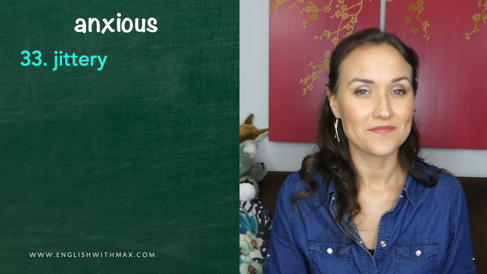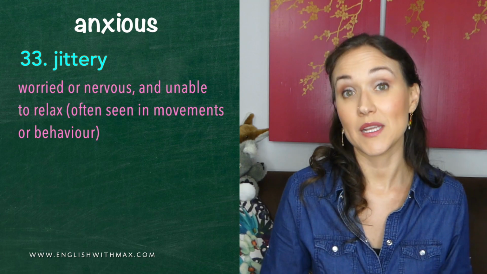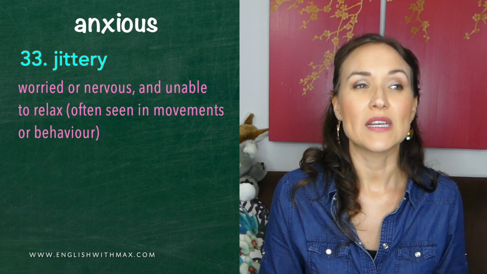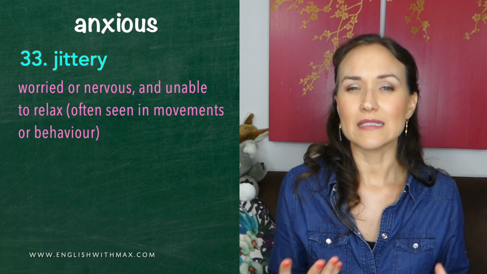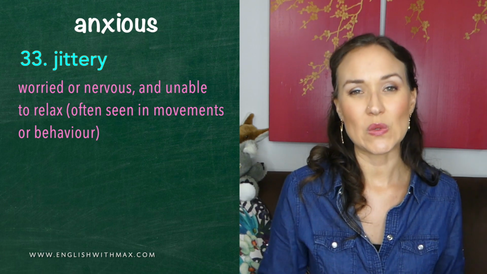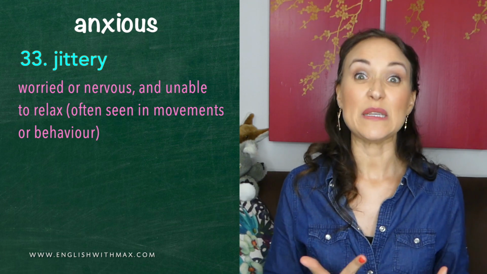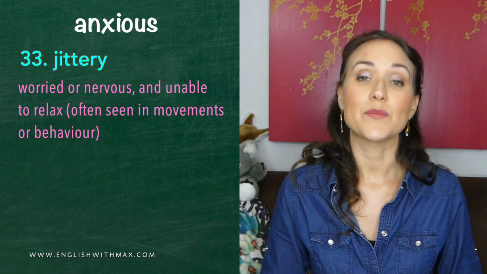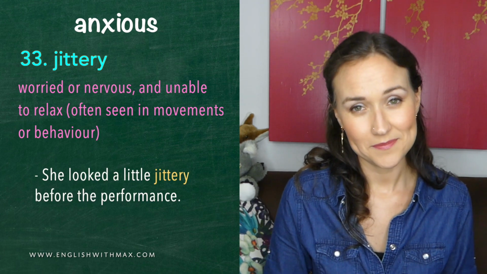Jittery. This also means worried or nervous and unable to relax. But if someone's jittery, you can often see it in their movements or behavior. It's often when you can't keep still. For example, she looked a little jittery before the performance.